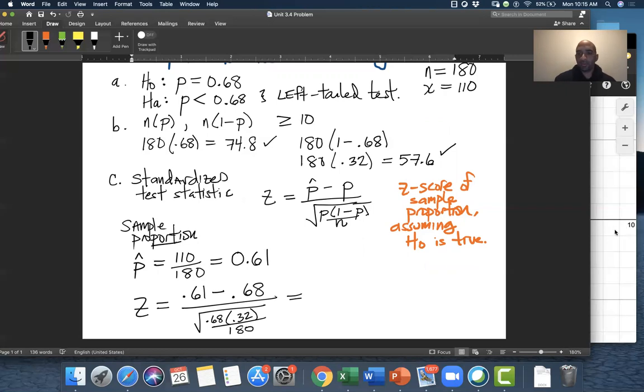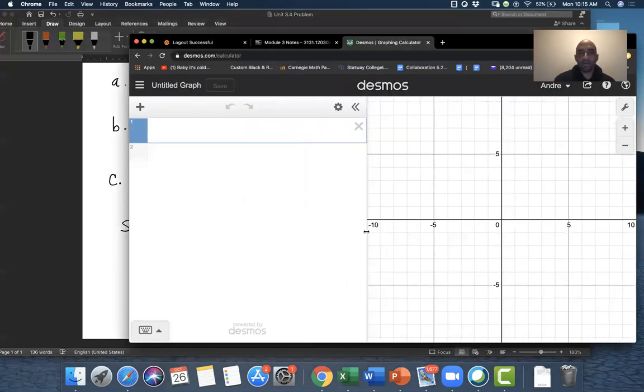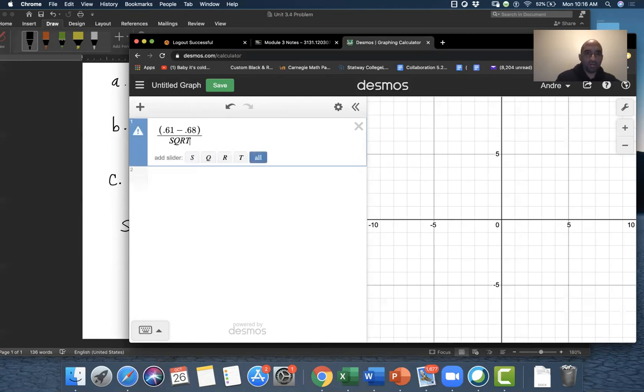So we can do this in Desmos, and we can also find the p-value in Desmos. So we just saw it was parentheses 0.61 minus 0.68, divided by square root. You can do SQRT, don't do it with capital letters, SQRT, and it converts to a square root sign.